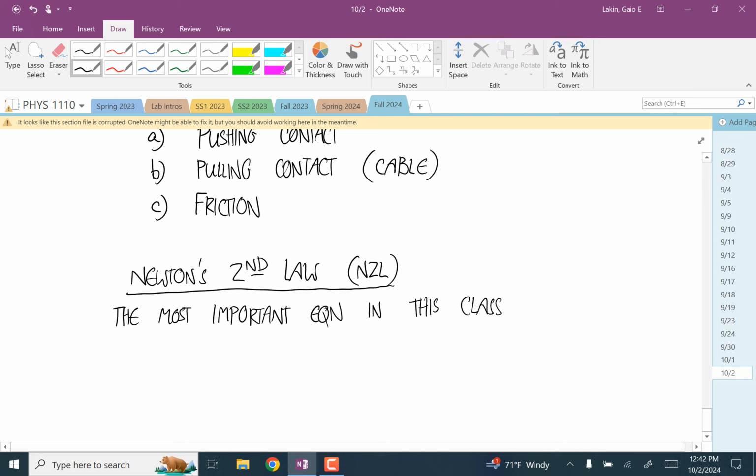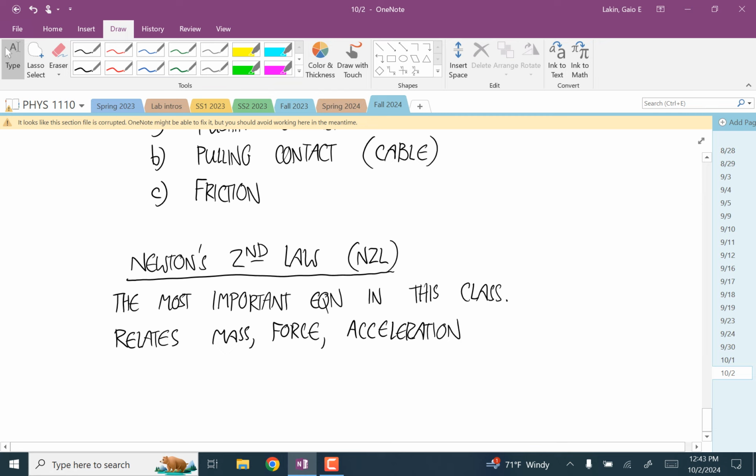And notice that it relates the mass, force, and the acceleration. So it's kind of like our way to get from these causes of the motion to the actual motion, which is the acceleration. And you've probably heard this sometime or other.